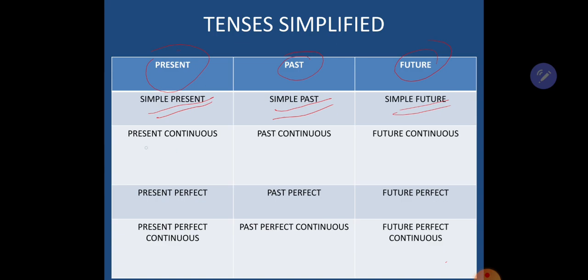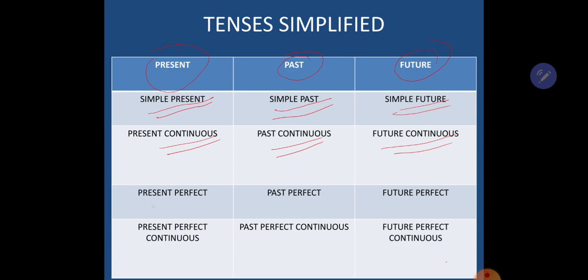Then comes continuous tense: present continuous tense, past continuous tense, future continuous tense. It is also known as present imperfect, past imperfect, and future imperfect. But normally we know it by continuous tense.